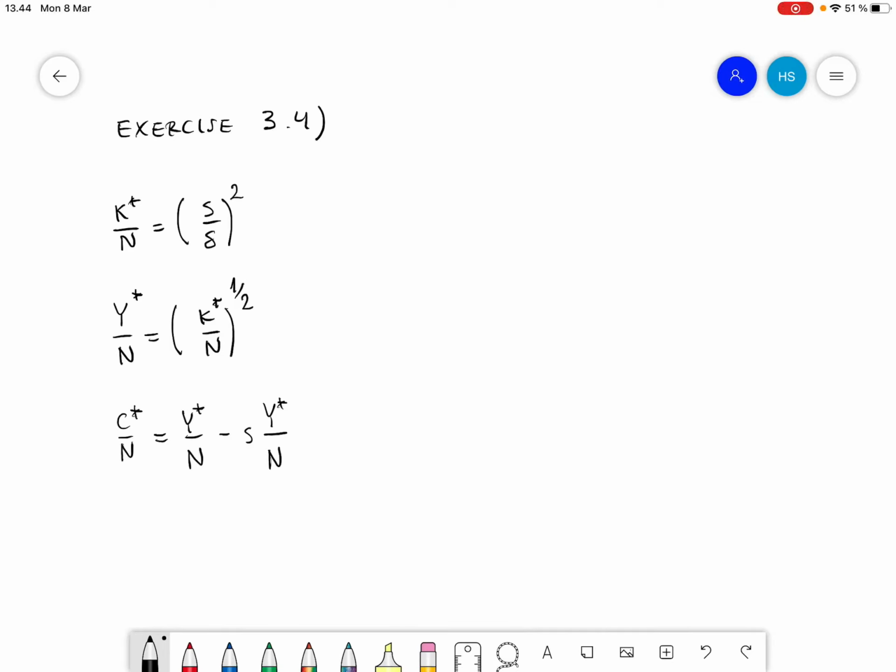In this exercise, we have to find the steady state values of capital per worker, output per worker, and consumption per worker. So the capital stock per worker in steady state we found in the previous exercise to be the savings rate over the depreciation rate to the power of 2.